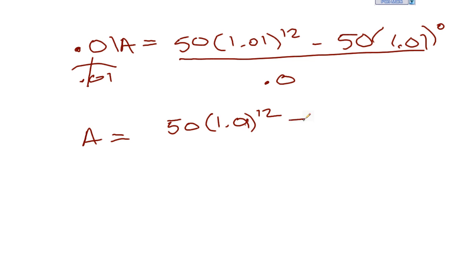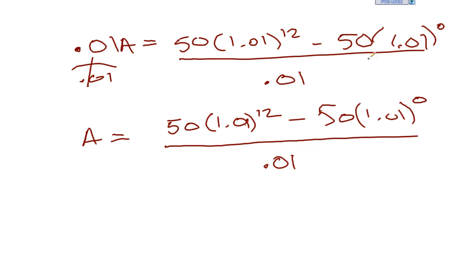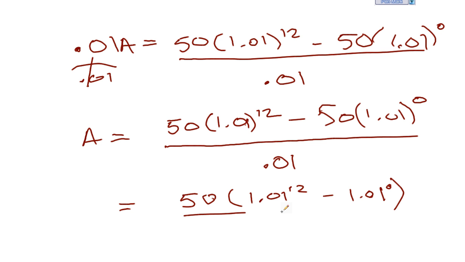minus 50 times 1.01 to the 0, all over 0.01. If I do a little bit of cleanup work at the top, I would have 50 times 1.01 to the 12th minus 1.01 to the 0 power, all over 0.01.